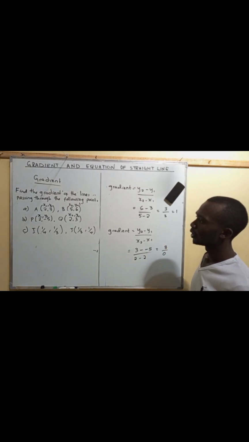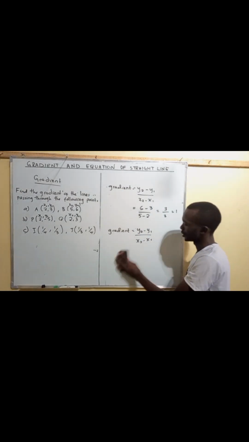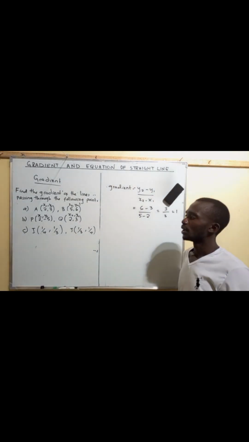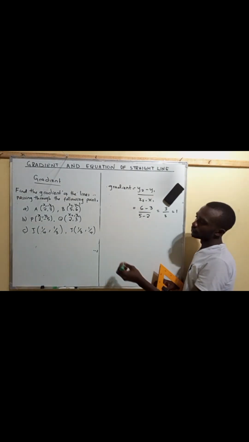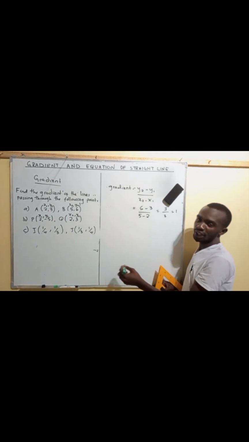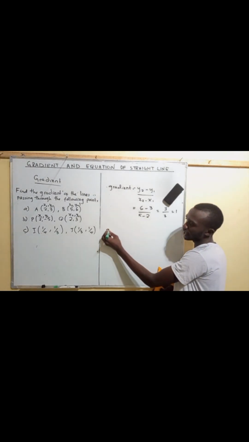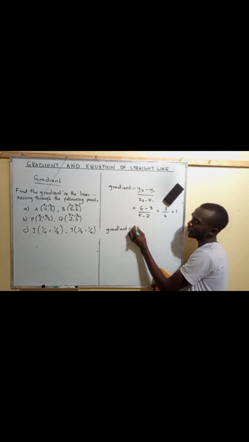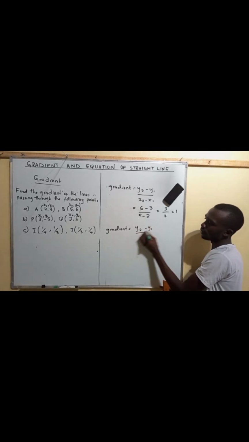Then we go to the last one, which is part C. Now for part C, we have I and J, and we want to find the gradient of line IJ. Again, the gradient is equal to the change in the vertical component, y2 minus y1 over x2 minus x1.